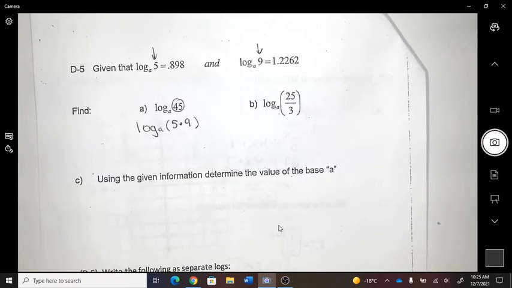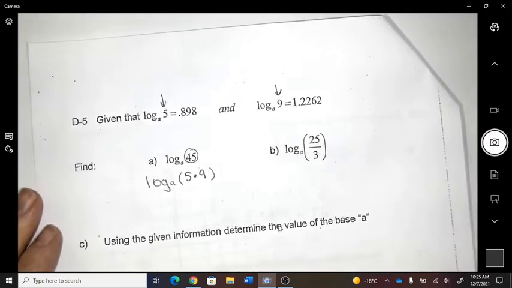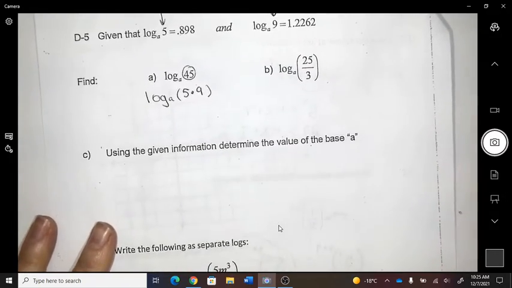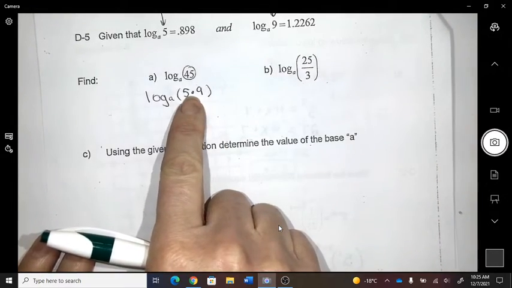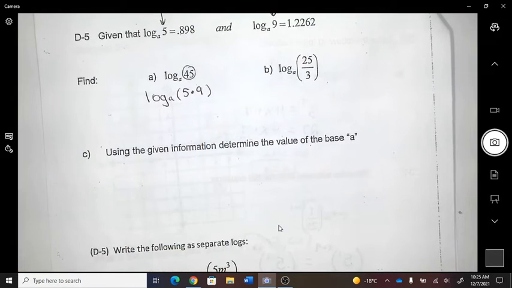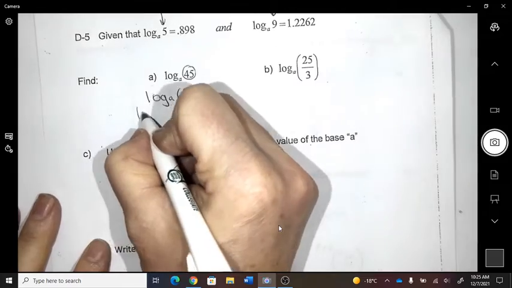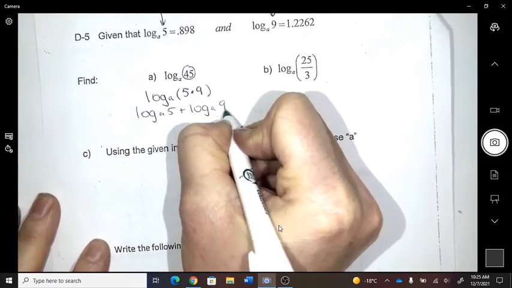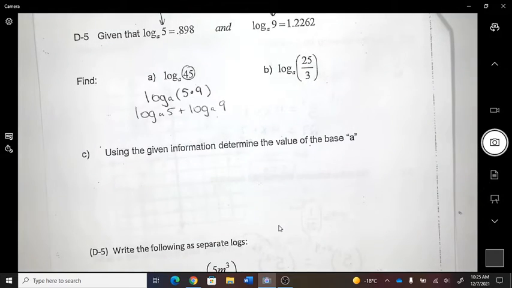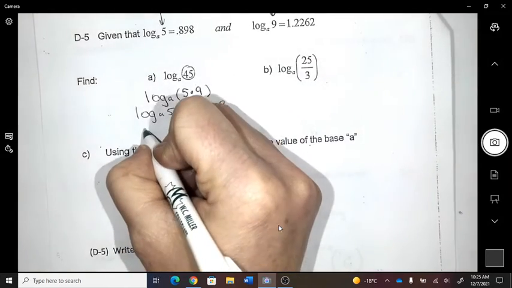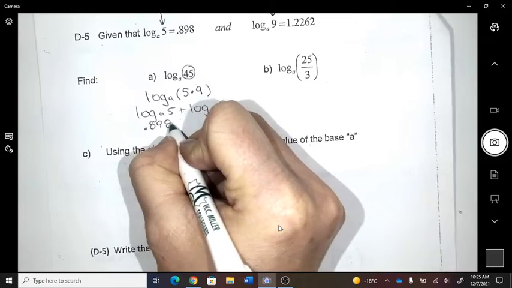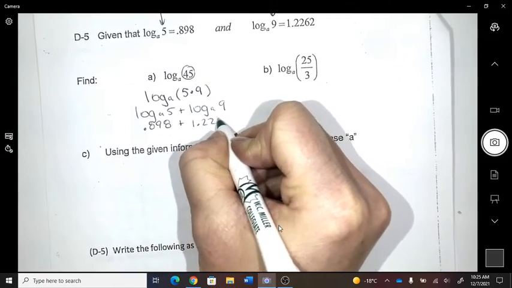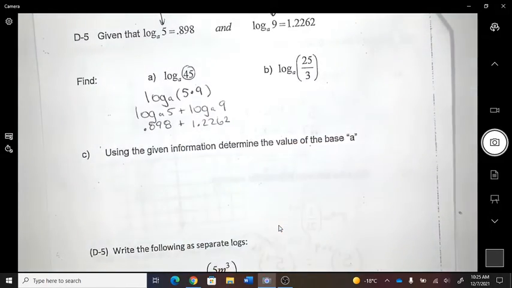Okay, now log rules. If there's a connection in here with multiplication, I can split them into separate logs with adding. Okay, and now I'm just going to replace because I know those from the given statement.